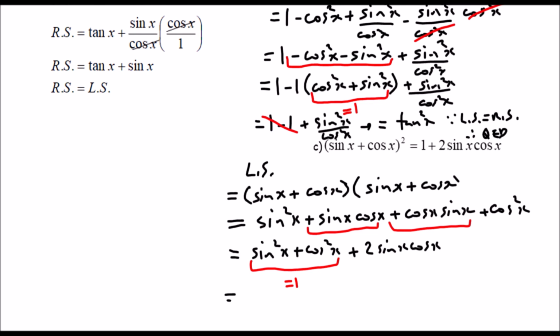And of course, that's equal to 1 plus 2 sine x cos x. And I've got left side is equal to right side. So because left side is equal to right side, therefore quod erat demonstrandum. And that is part 1, expanding out some brackets and simplifying from there.